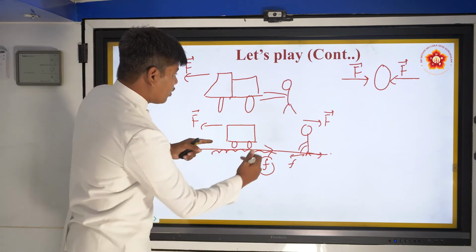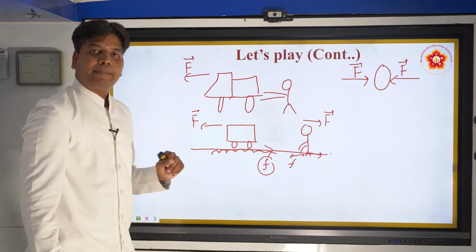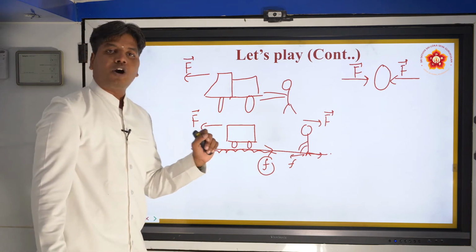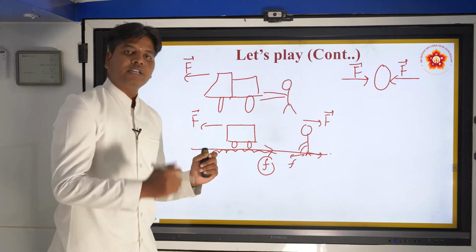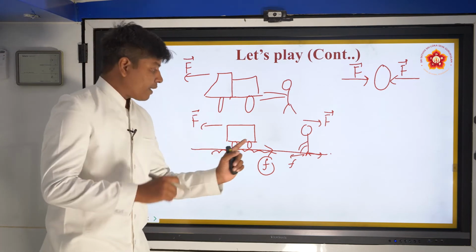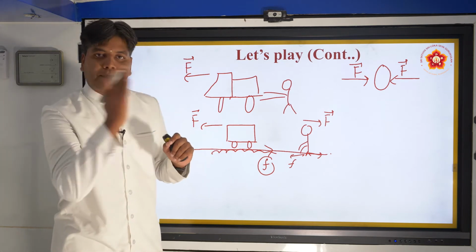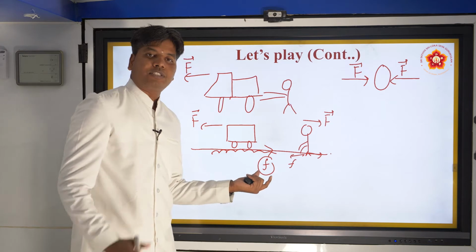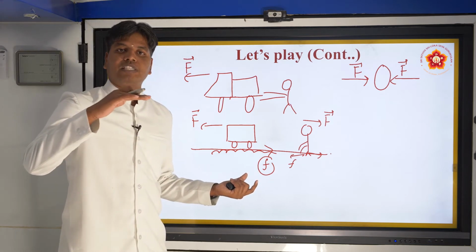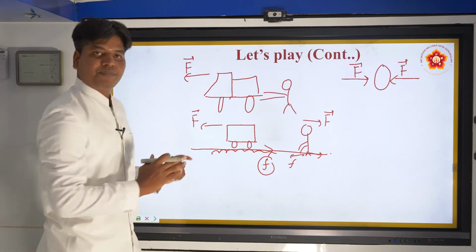If you apply 1 Newton on this truck, the friction will apply the opposite 1 Newton. If you apply 2 Newton, it will apply 2 Newton. If you apply 3, it will apply 3. If you apply 4, it will apply 4. Once you break the barrier of the maximum limit of this frictional force, which is 5 Newton, it breaks down and the object starts moving.